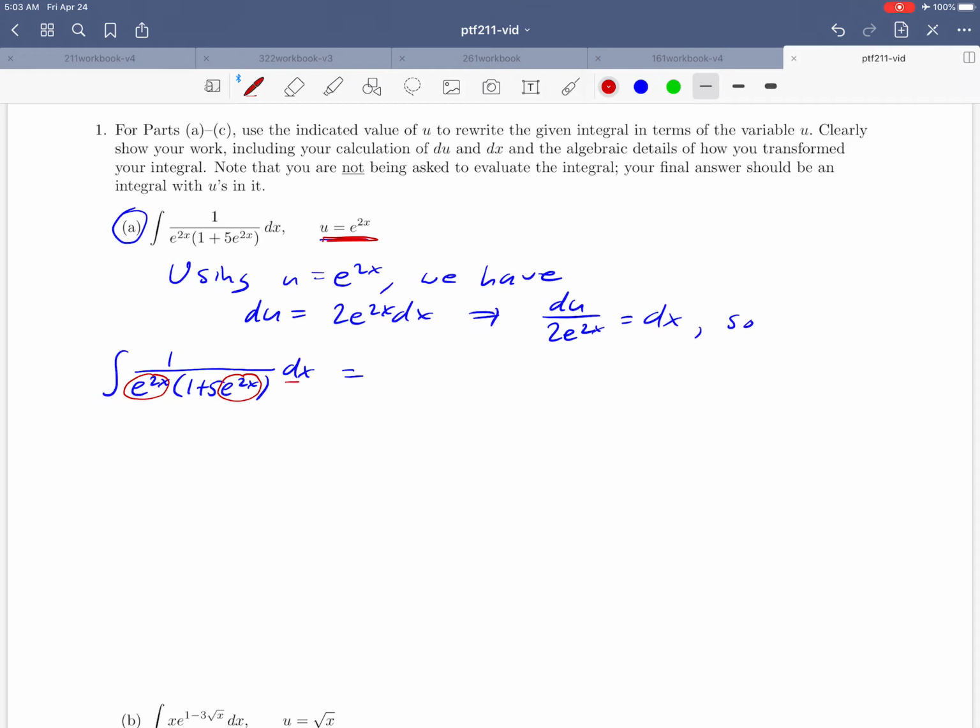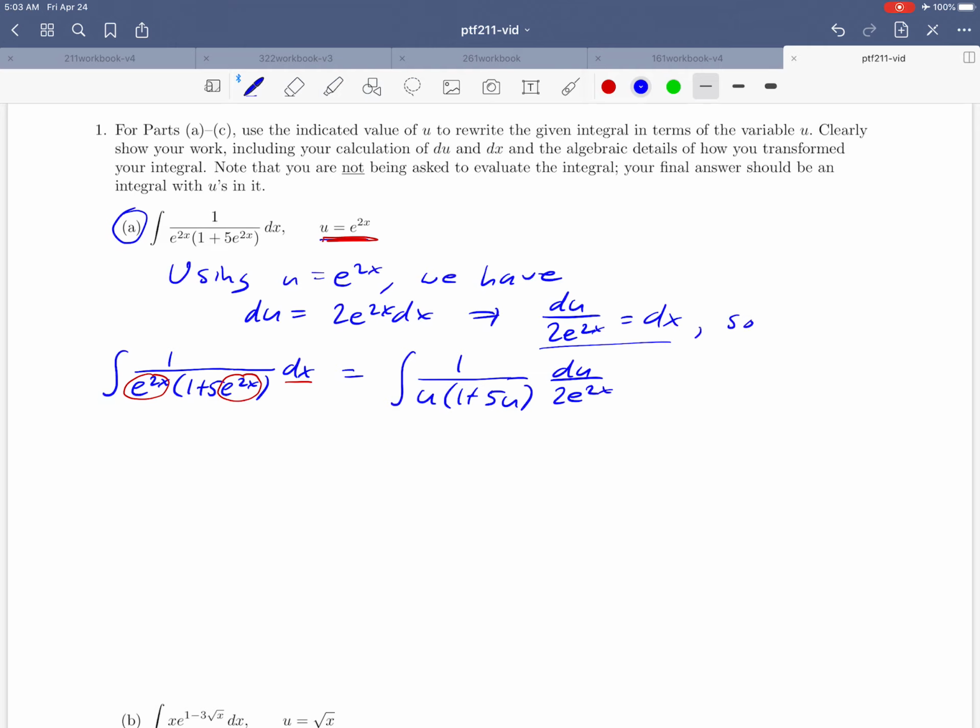And then we're also going to fill in the dx that we calculated above. If we put all that together, we're going to get 1 over u times 1 plus 5u, and then the dx we can see from up here is equal to du over 2e to the 2x.